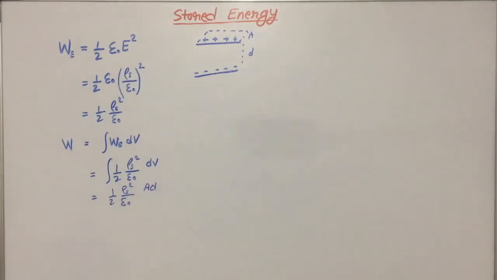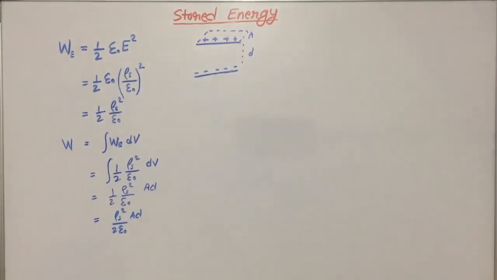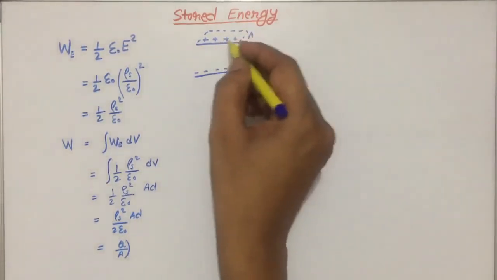Further it can be written as rho s square by 2 epsilon naught AD. Rho s is the surface charge density, that is nothing but charge divided by area, the total charge divided by the total area.